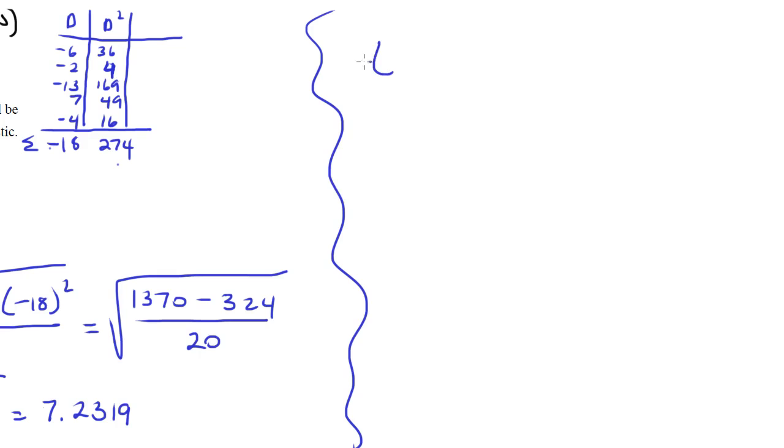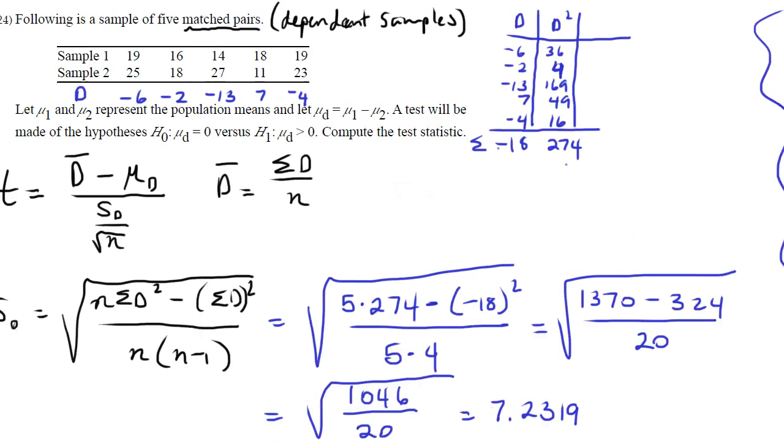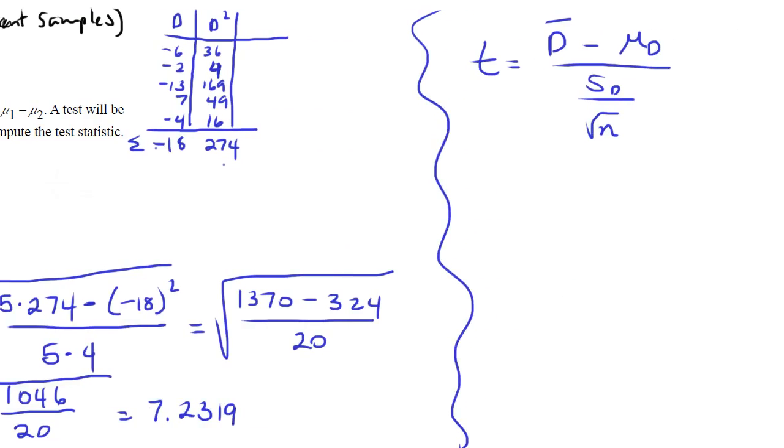So I still have this t formula. The average of the d's minus the mean d divided by SD over the square root of n. I think that's the right formula. Yes.